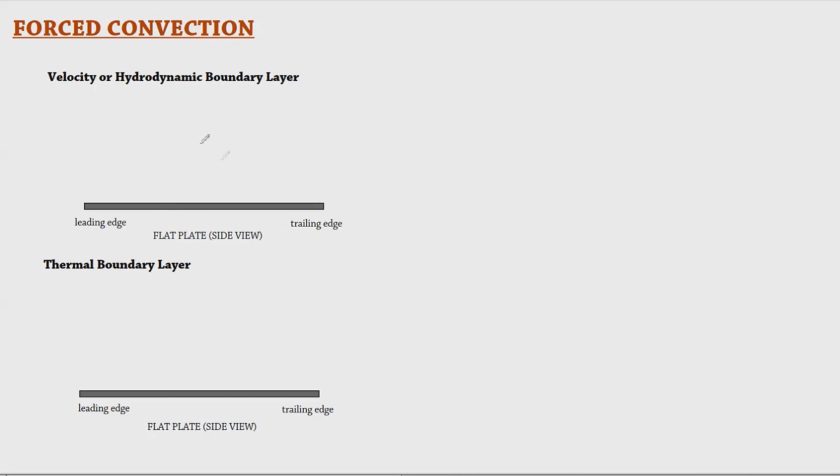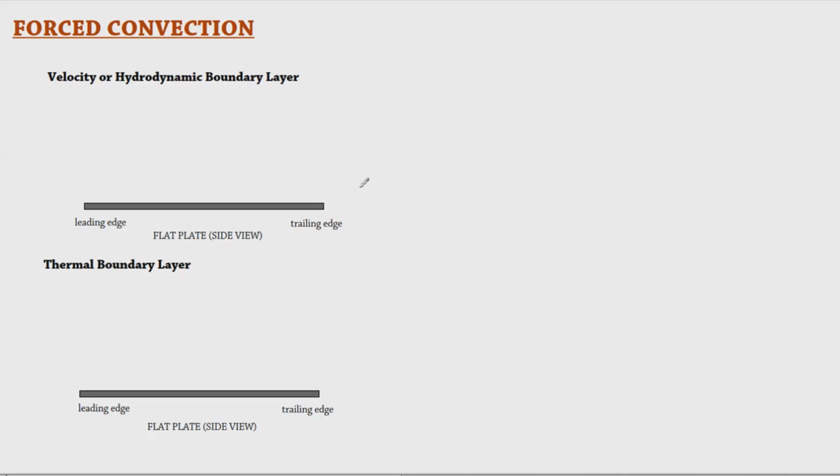To explain that well, I have a flat plate here, on its side view. Imagine this is a plate where you're just looking at the very side of it. The leading edge is what you can see at the front of that plate, and by the end of that plate you'll have the trailing edge.